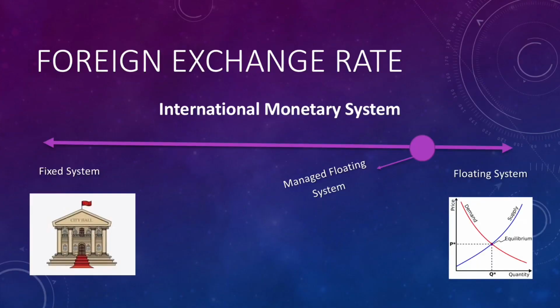What regime are we in the current system? We're more on the floating system, but it is not a pure floating system. It is called a dirty or a managed floating system because from time to time, governments intervene when it comes to setting the exchange rate. But at the end of the day, it will all depend on the demand and supply of such currency.